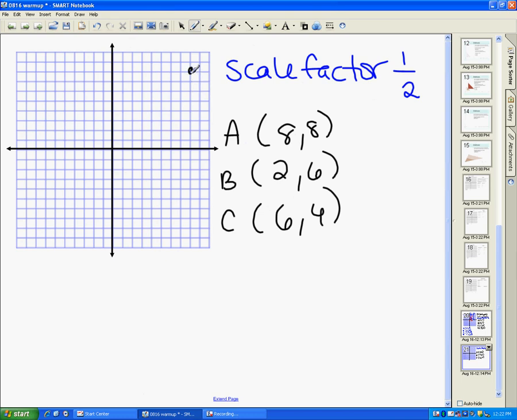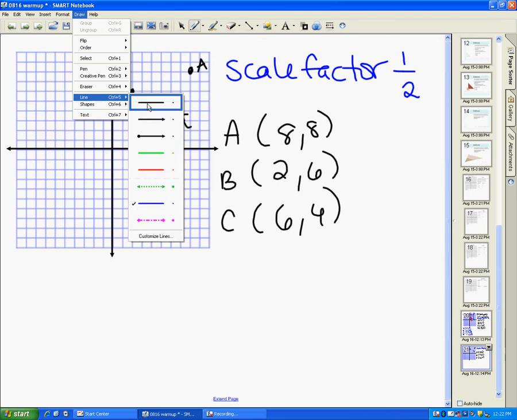Alright, so here is A. B is at 2, 6. And C is at 6, 4. And then let me connect the dots here to show our triangle.